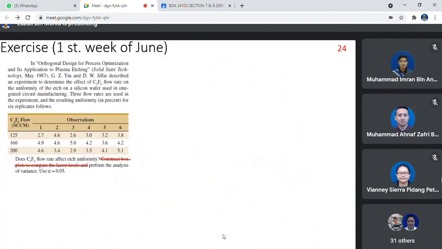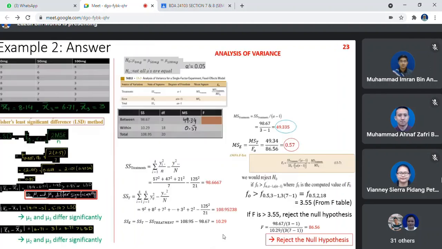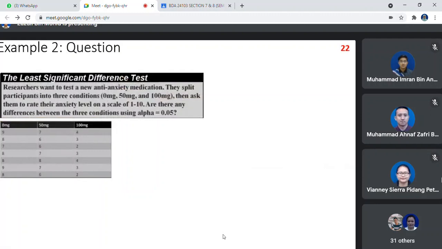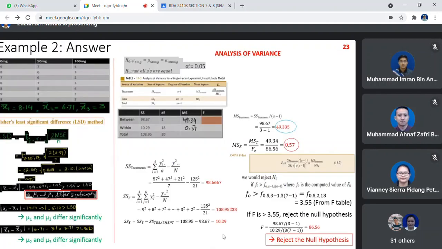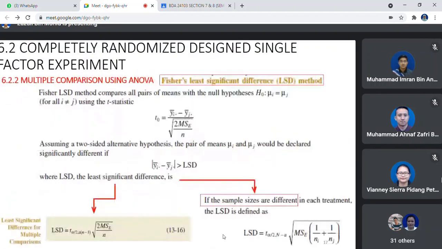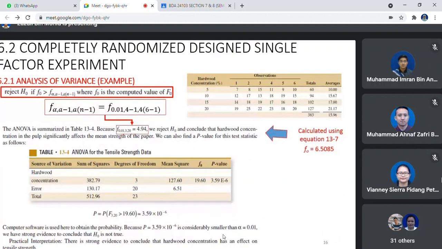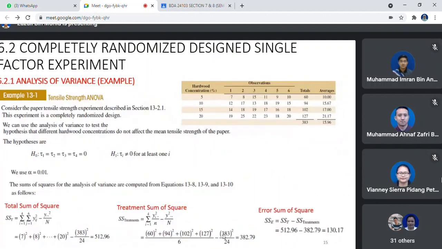So there is another question here. Using this data here, please do the calculation using the previous method shown in this slide. Please do your own calculation using analysis of variance.